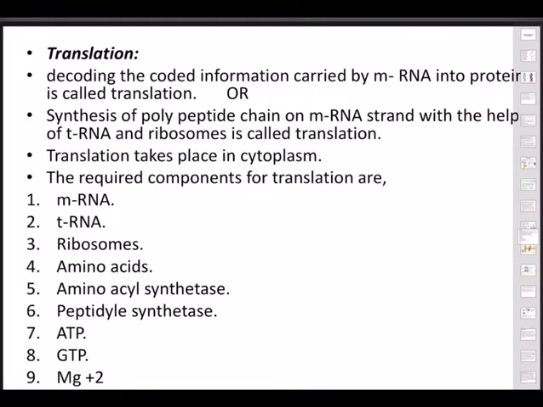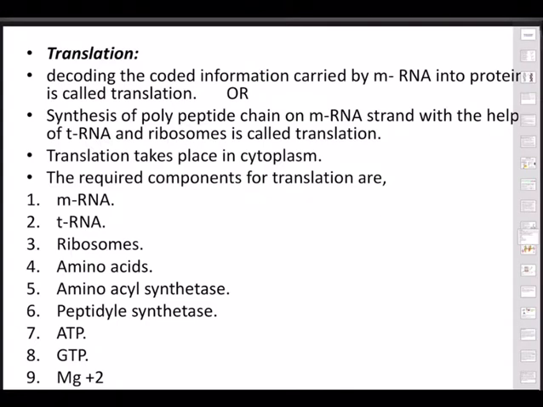And from mRNA, the genetic information has to be converted into a chain of amino acids, finally forming a protein. So all our secrets are included in proteins. So this process of converting the coded language, which is hidden in mRNA, into a protein is called translation.